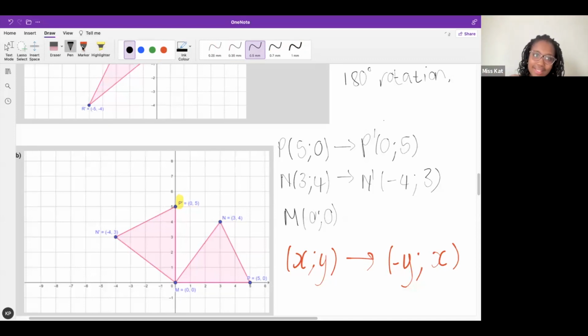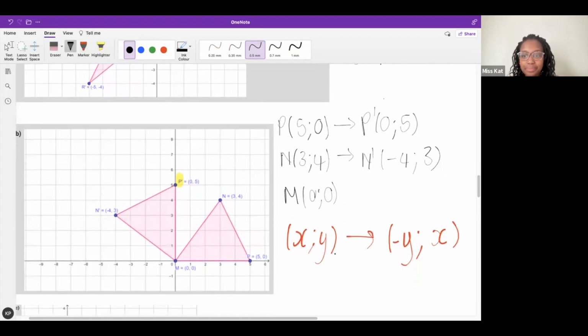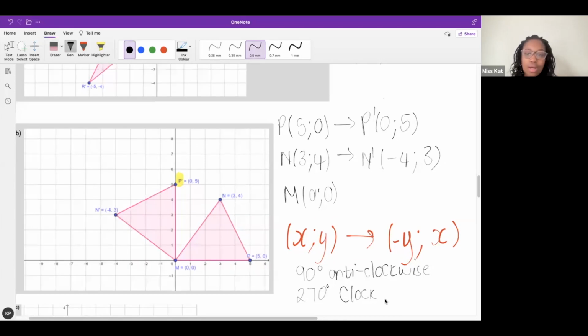So it could have either been 90 degrees anti-clockwise, or 270 degrees clockwise. Thanks, Setabile. Nice, guys. Screenshotters, take a screenshot quickly, and then I'm going to go back to the previous one.